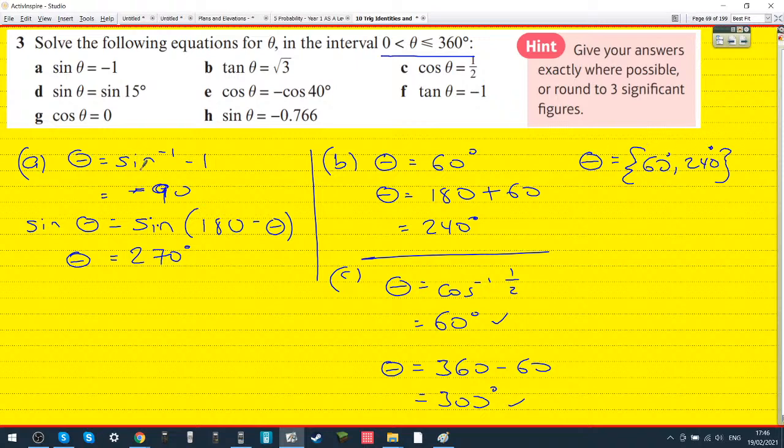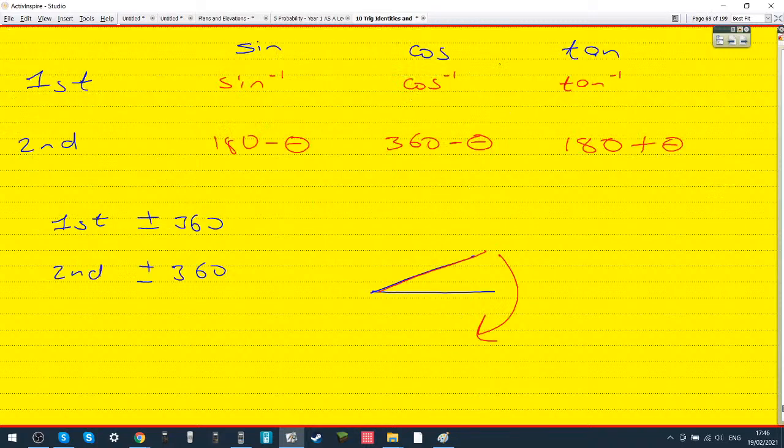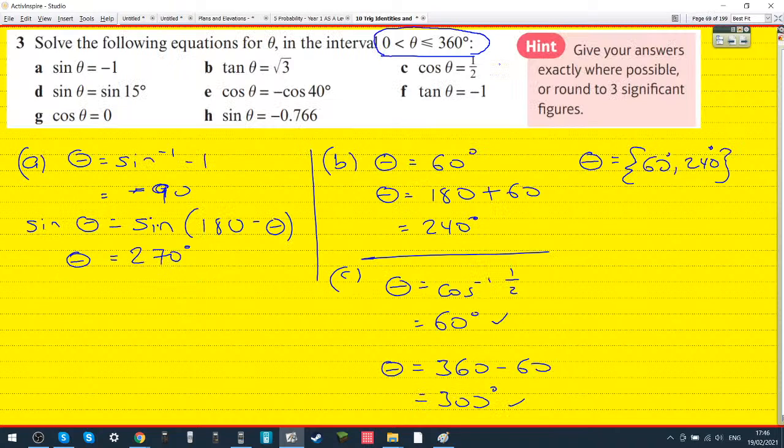For sine, do you remember the way you'd get a third answer? We got minus 90, but they wanted answers only between 0 and 360. So for our third answer, we would have to take one of our previous two and add or subtract 360. Which of these would we add or subtract 360 to get an answer within 0 and 360?